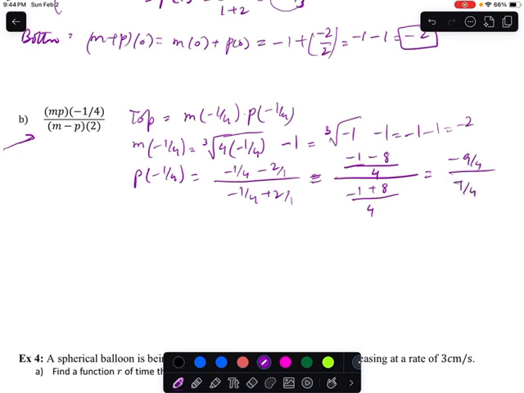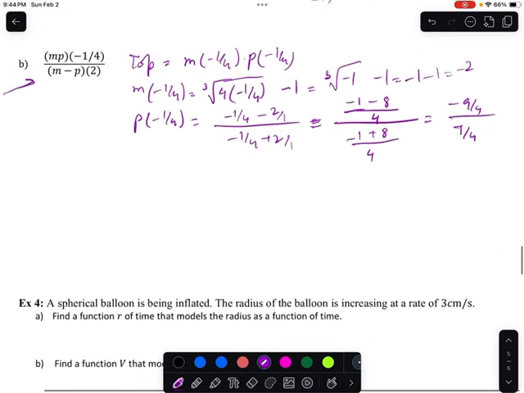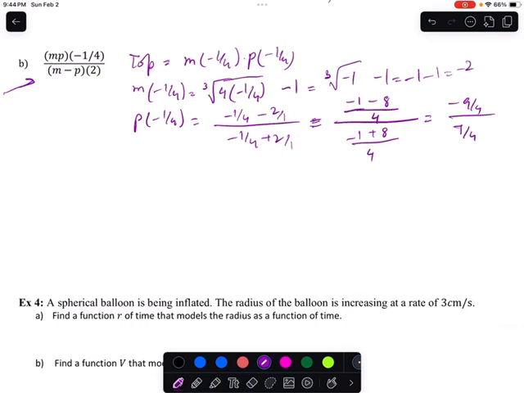So we flip the second fraction and it becomes a product. So it will be negative 9 over 4 times 4 over 7, or negative 9 over 7. That is P of negative 1/4.